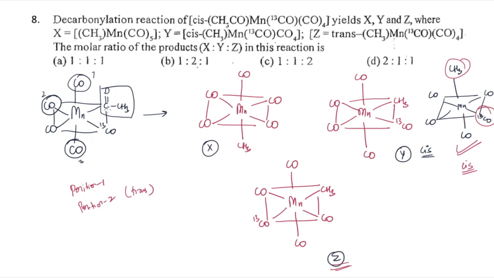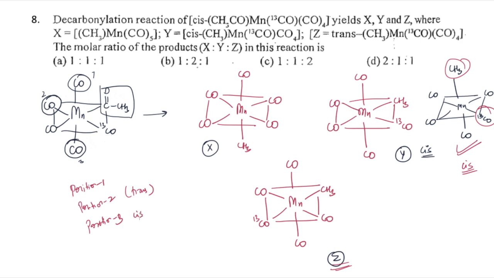Next, what can happen is that the position 3 carbonyl can get eliminated from its place. If the position 3 carbonyl gets eliminated, the methyl is going to come and bind to this position, and when it does that, again a cis product will be formed, because your methyl will be over here and CH3CO will be at its place, so both of them will be cis to each other.